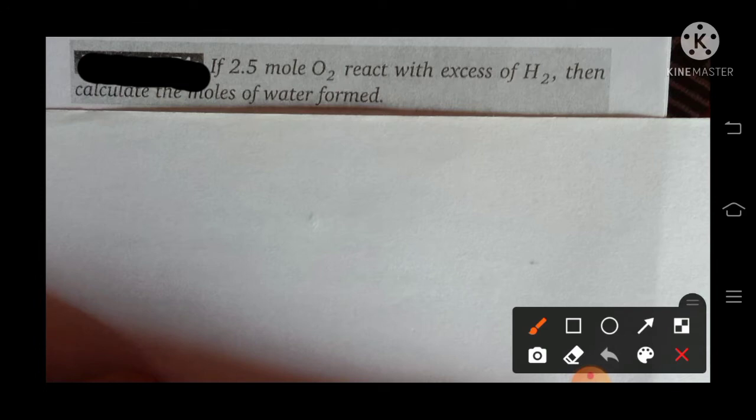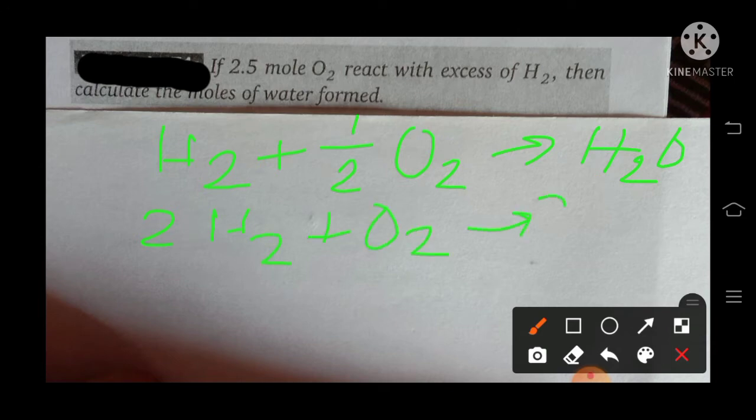That is, the reaction is H2 plus half O2 forms H2O, or 2H2 plus O2 forms 2H2O. Now this is the balanced chemical reaction: 2H2 plus O2 gives 2H2O.